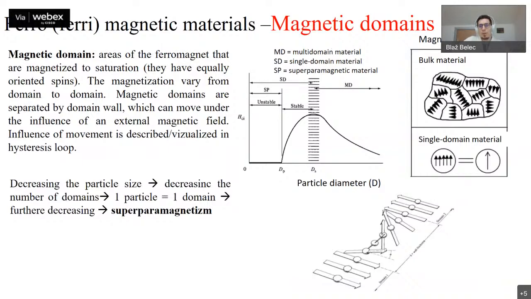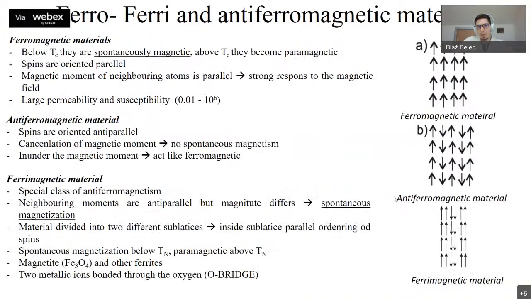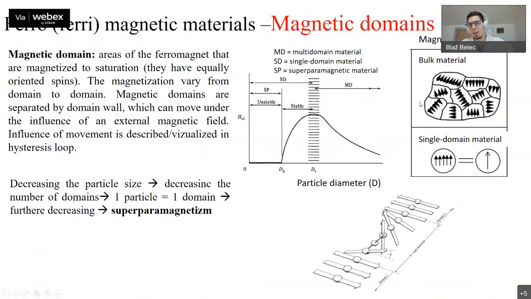But in this case, this was a perfect representation, for instance, where each arrow represents each atom. But of course, in nature, it's not like this.